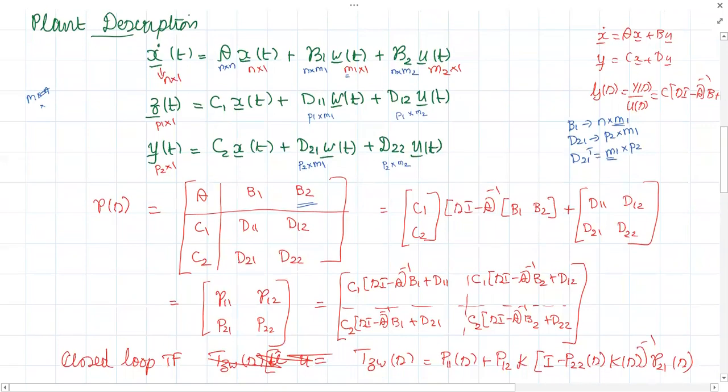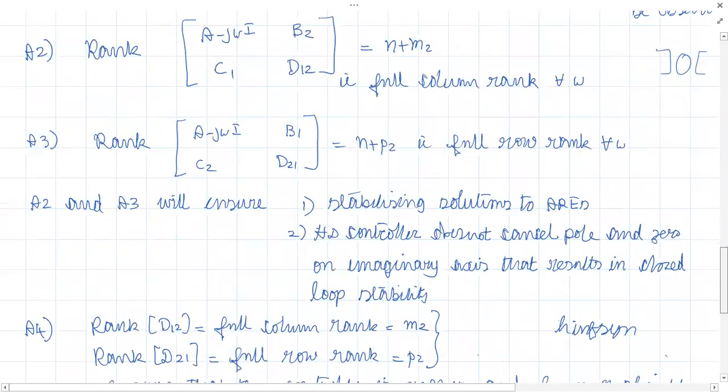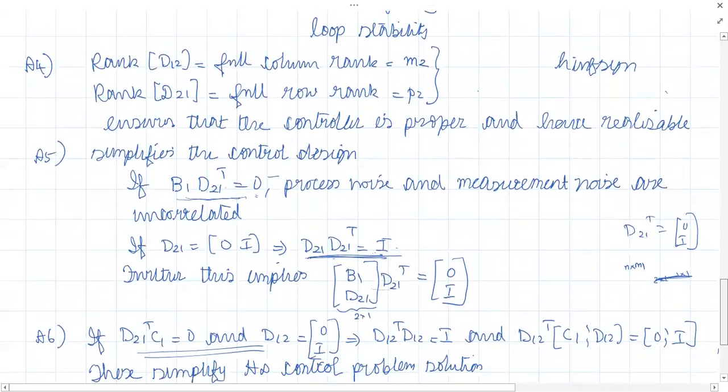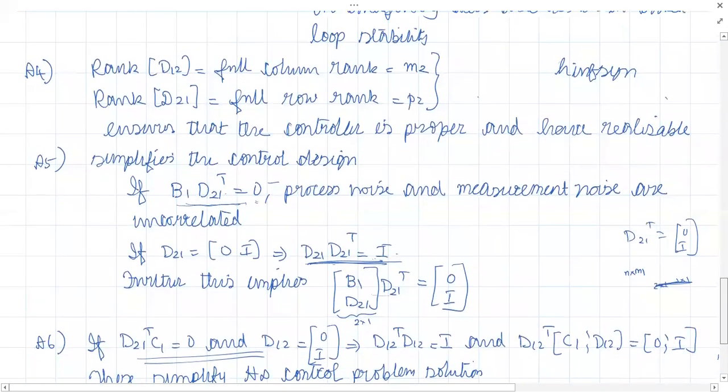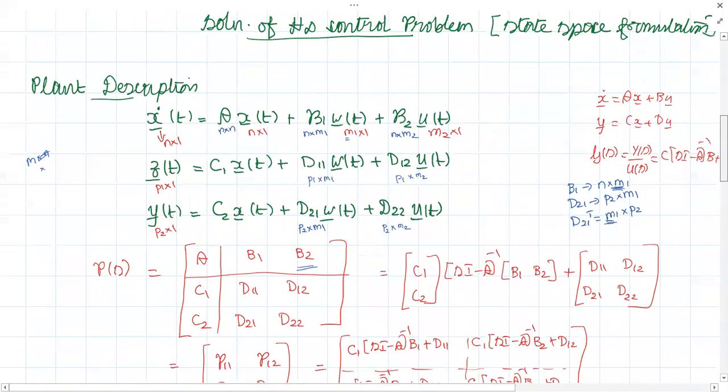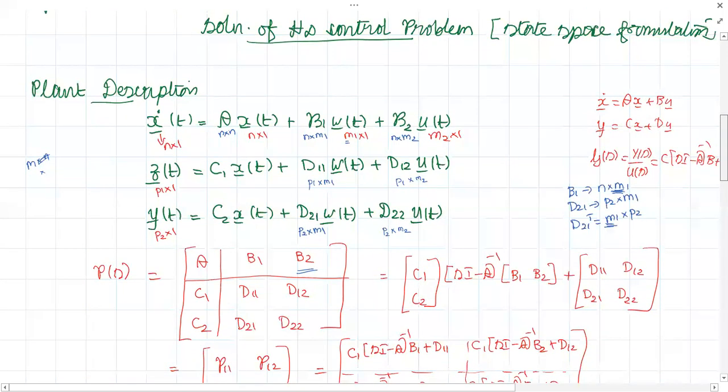Yes. Chaitanya, are you clear now? Sir, in that case, we'll be getting an N cross N matrix. How will you get N cross N? Because we're multiplying B1 into D21 transpose, you will get an N cross P2, right? Yes, sir. N cross P2 size. N cross P2.